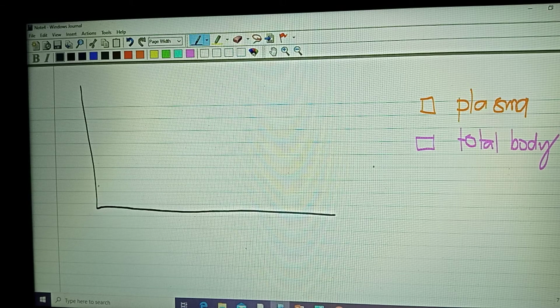So we have here 0, 5, 10, 15, 20, 25, 30, 35, 40, and 45. This is measured in liters, by the way.